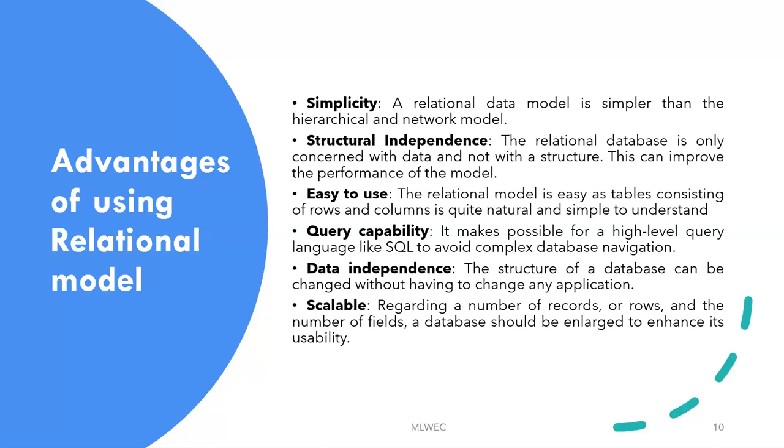And it is easy to use, as tables consist of rows and columns, quite natural and very simple to understand. And scalable: regarding the number of records or rows you add, it must provide the memory space, and we can use it for reusability also. So it is also a good feature of the relational model.